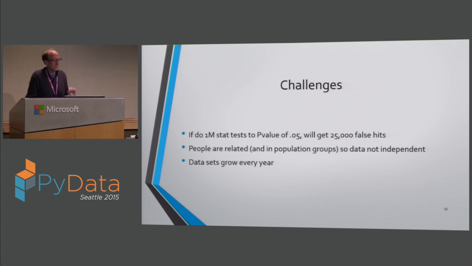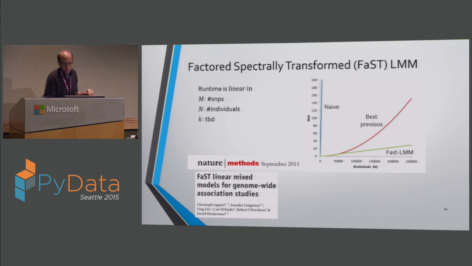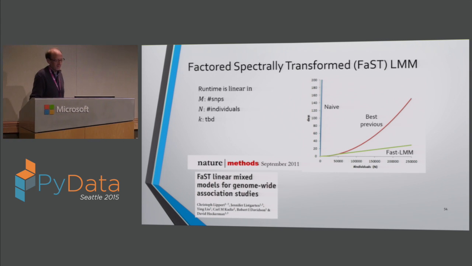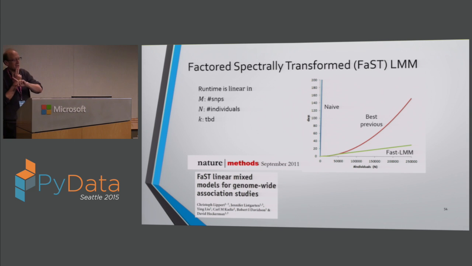The final problem, the data set growing, was a big problem because the algorithms for doing linear mixed models were quadratic, going with the square or the cube in memory and time. But our algorithm, FaST-LMM, which we wrote about a few years ago in Nature Methods, is linear in the number of DNA locations and the number of individuals.